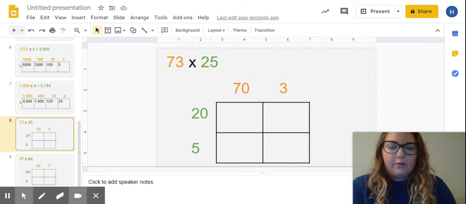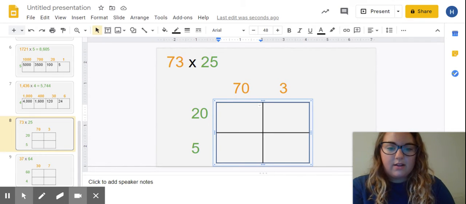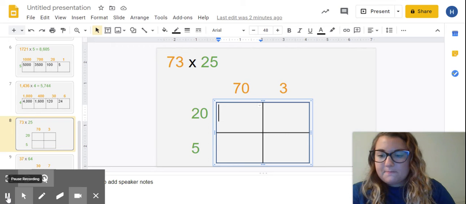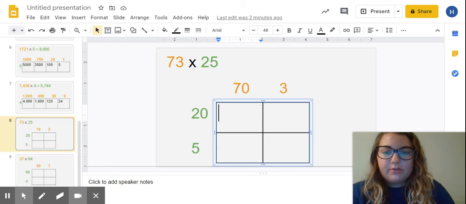So now I need to take both numbers that I am multiplying, match them up, and put the product in the correct box. So in this first box here, I am going to multiply 20 times 70. So I know that 2 times 7 equals 14.